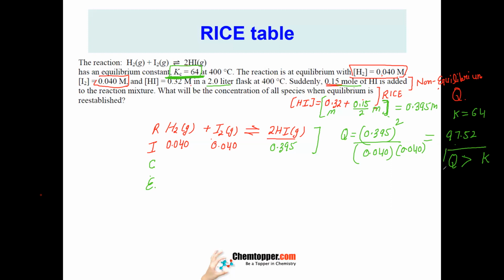What happened? One student, the first student, made an error and everybody copied it. It's going to shift to the left. As it is, you can see that you are adding HI. HI is added in the previous equilibrium. So when you add HI, it will go in the direction to decrease the concentration of HI.